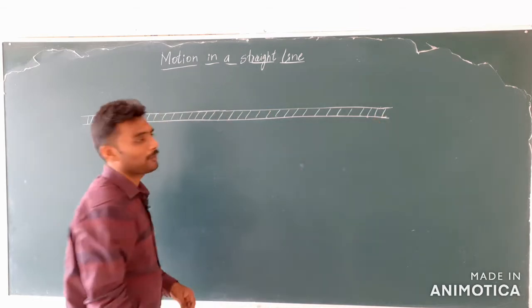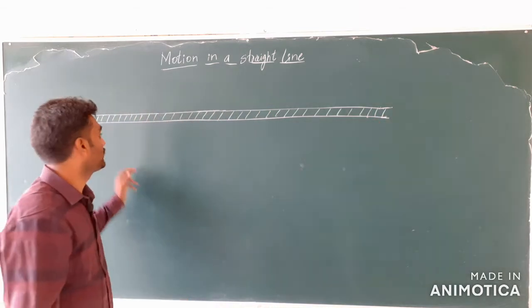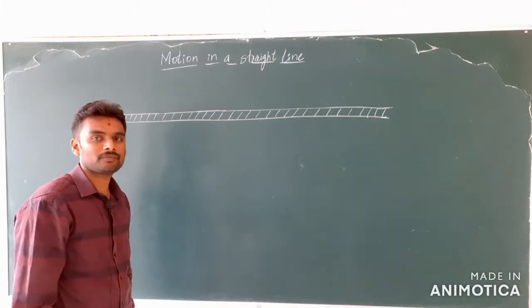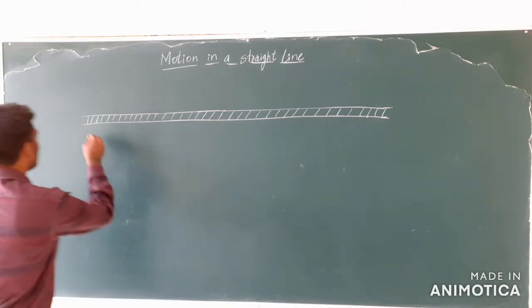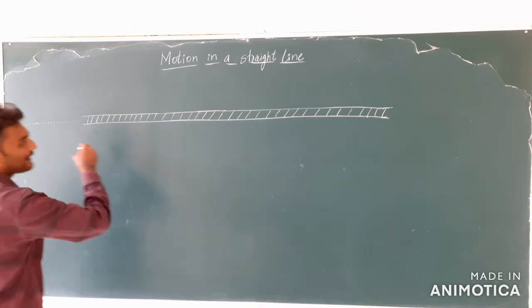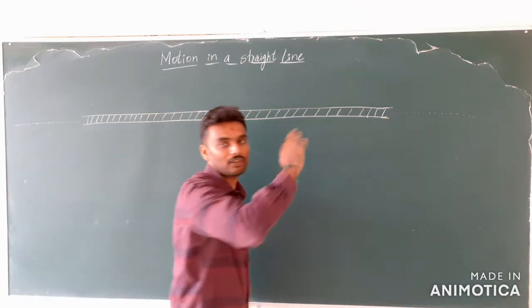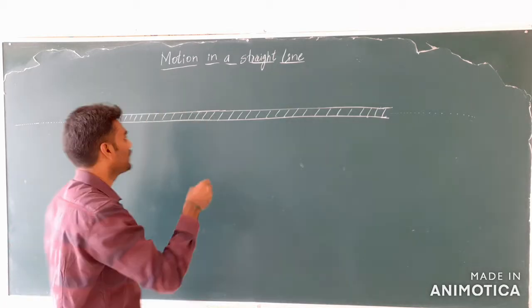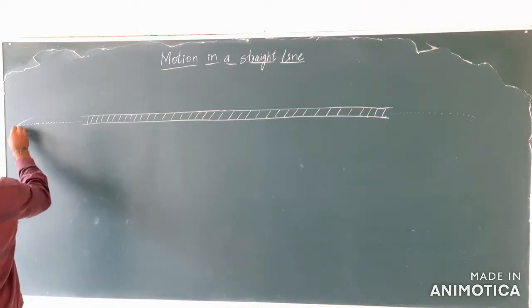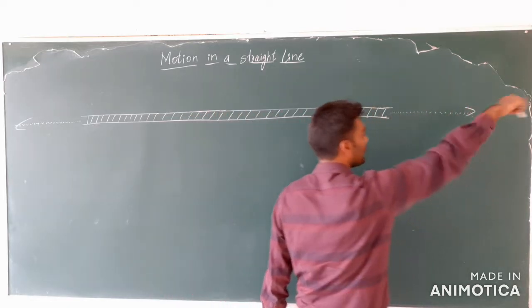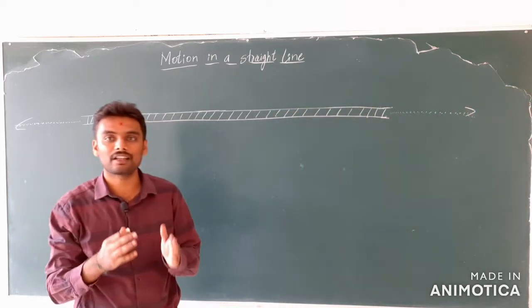But this time I am going to take a person who walks on the railway track. This railway track extends to a very large distance on both sides, going like this and also like this, and it is a straight track.